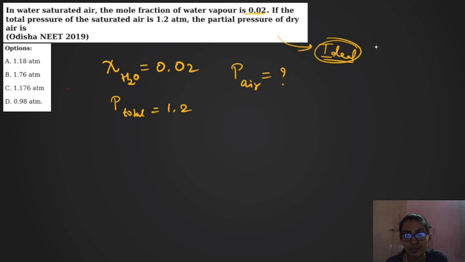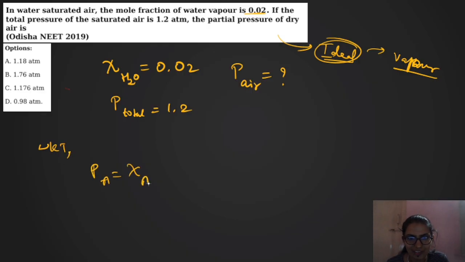In vapor form, it's related to Raoult's law in vapor phase. We know the formula, that is PA is equal to mole fraction of A into P total.